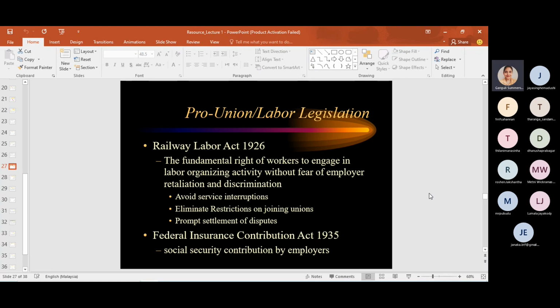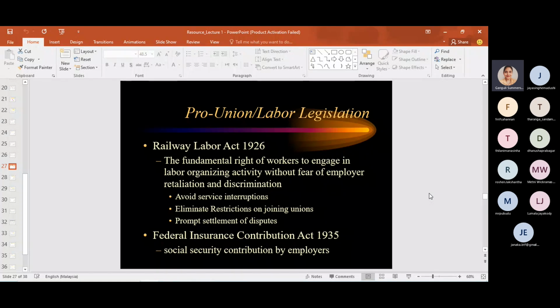Like, this is an act which mentions that the workers have a right to take part in labor organizing activities without any fear of their employers. And this act was made in 1926.